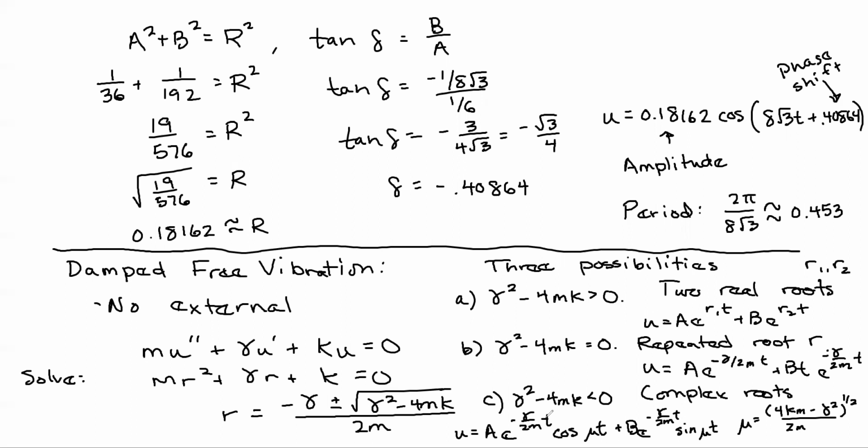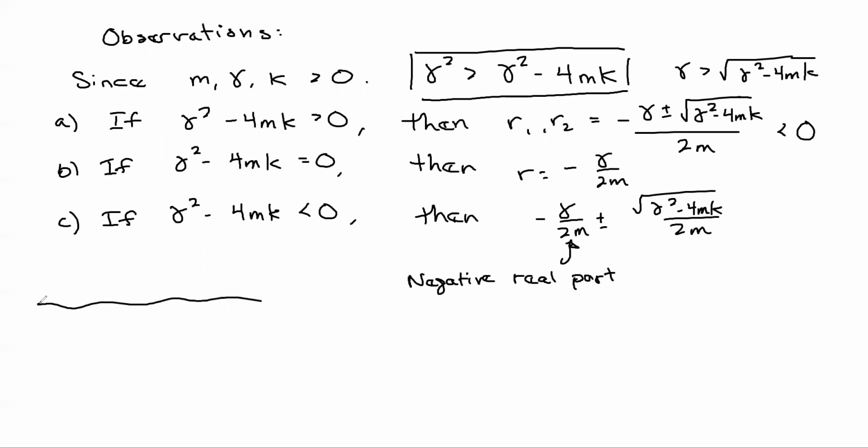And in the third case, we have a negative real part for the complex conjugate roots. That's going to cause these exponential terms to go to 0, which is going to drown out the cosine and the sine. So putting that all together, no matter what, we're going to have negative exponents on the exponential term.